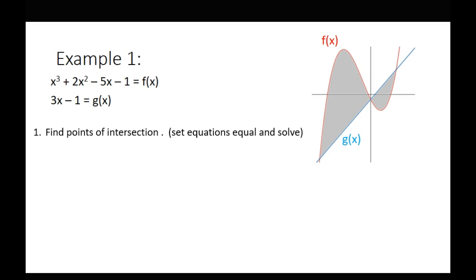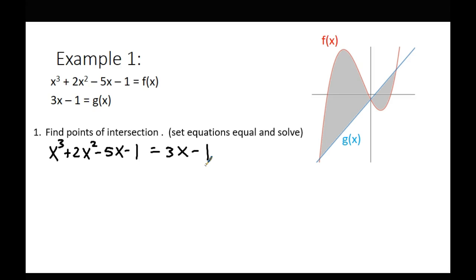So let's do that. So I'm going to take x cubed plus 2x squared minus 5x minus 1 is equal to 3x minus 1. And now what we're going to do is we're going to move everything to one side.